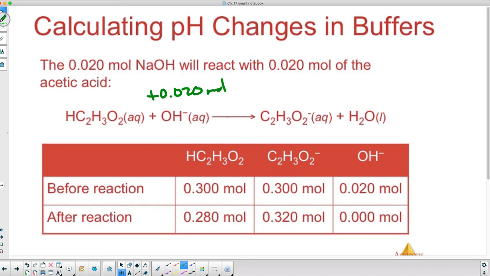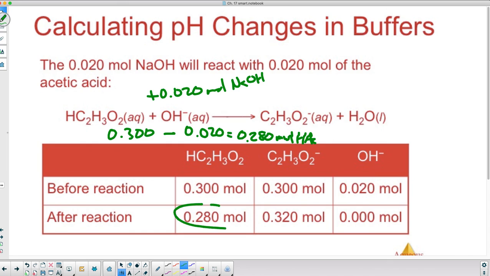So if I'm adding 0.02 moles of NaOH, and I start with 0.3 moles, I subtract the amount of the base, and that gives me the new number of moles of the HAc, the acetic acid.